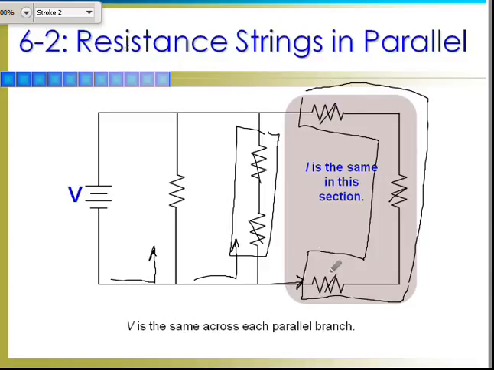But for the overall branch characteristics, we're going to apply the characteristics of series. And then for the whole circuit, we're going to apply the characteristics for parallel.